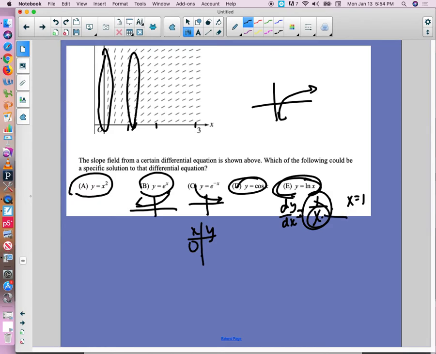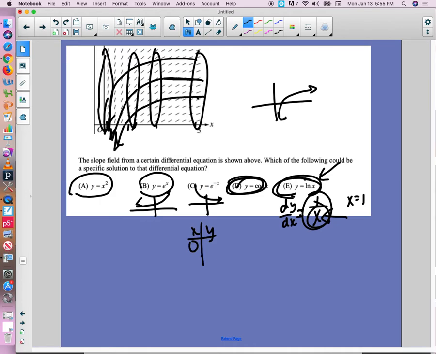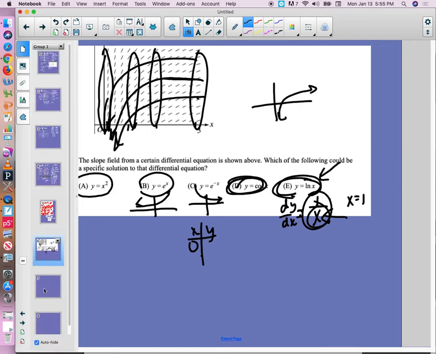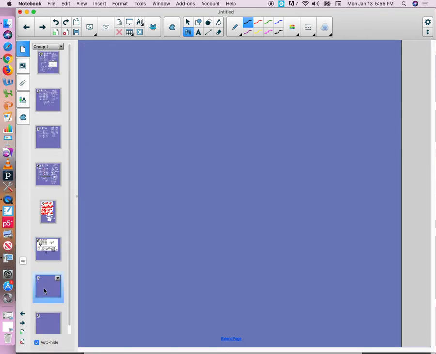And as x gets bigger, your slope should get smaller and closer to 0. And so it's y equals ln x. Notice the difference here. You're actually looking at the original and basing your slope field on the original graph. Y equals ln x, looks like that. Okay, and then number 16.